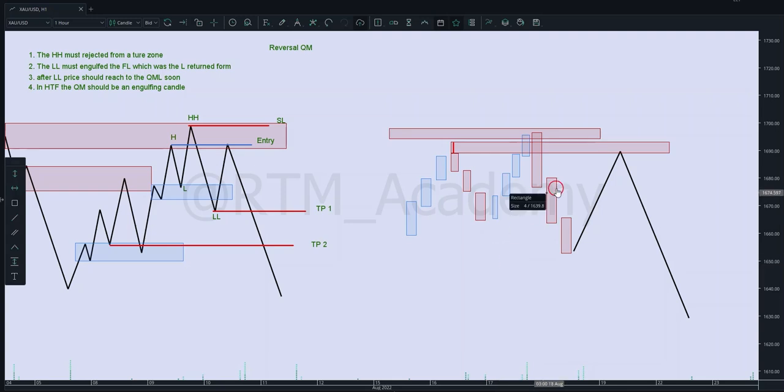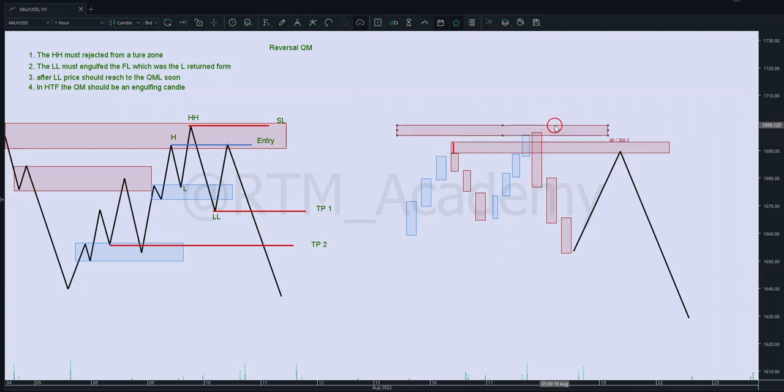and the last condition is that the QM level must be on the body of this engulfing candle, not in the shadow.